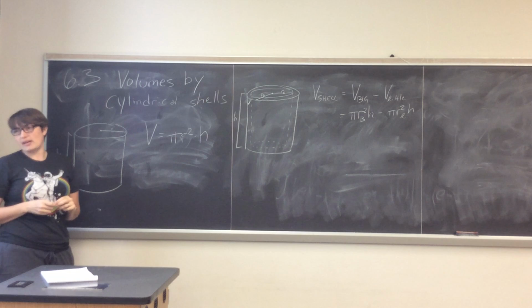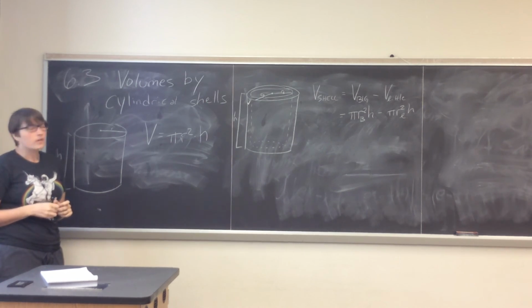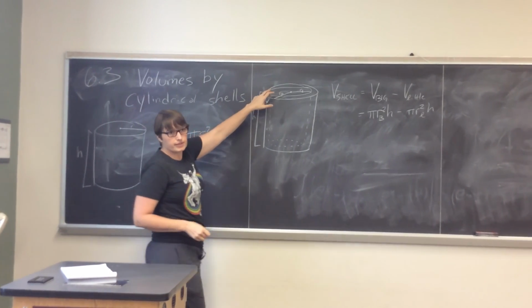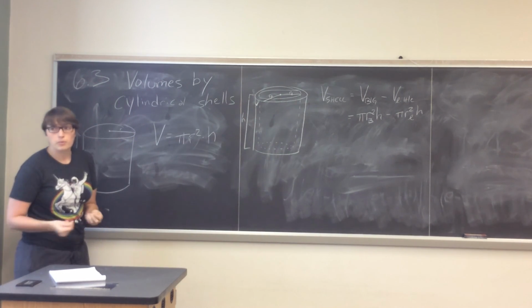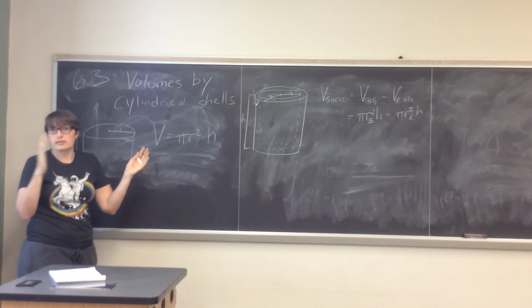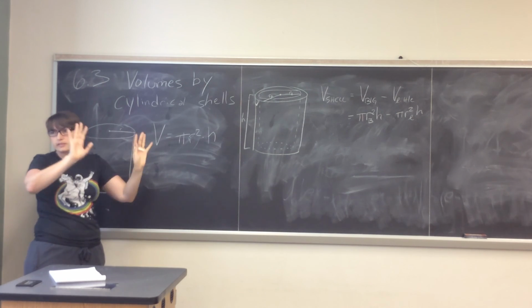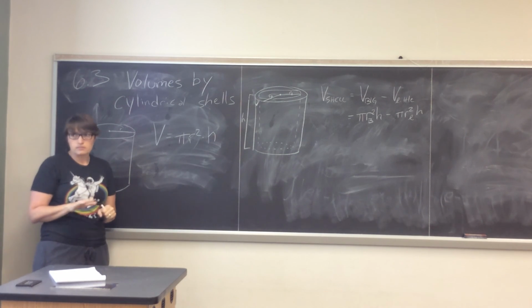Eventually they're going to have the same height anyway. Once we do our integration and take the limit, they get closer and closer together, the error disappears. It's a good question though.